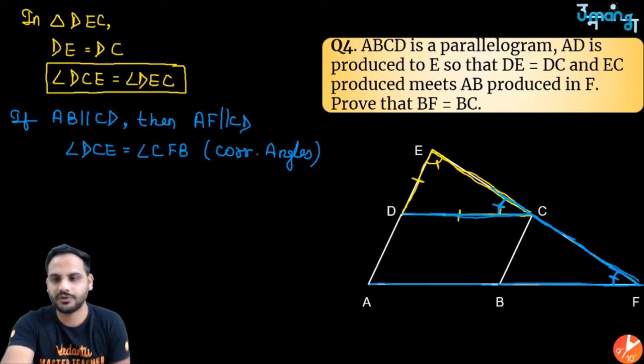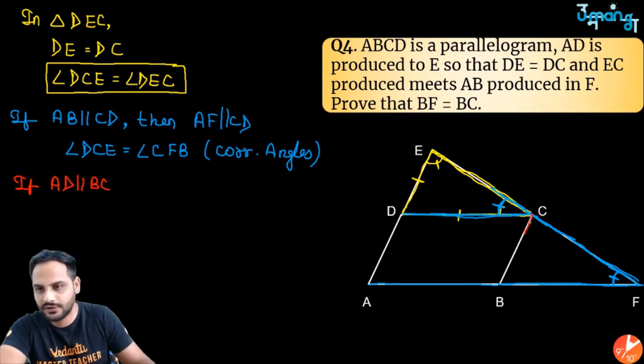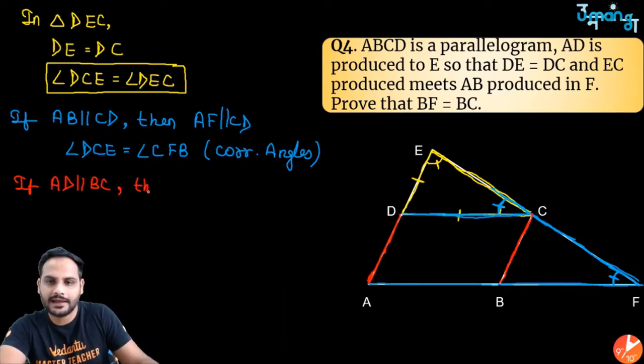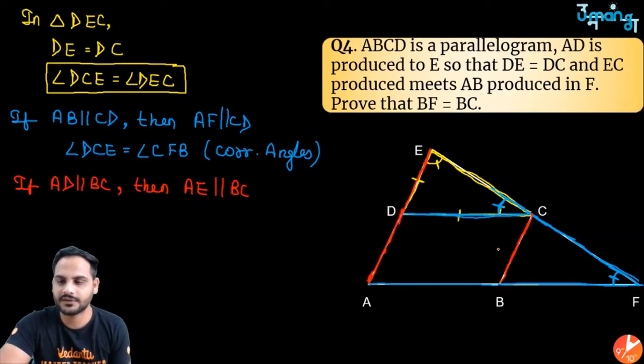नेक्स्ट पार्ट में जो फोकस करना है, अब देखो भाई, आई नो दैट इफ AD इज पैरलल टू BC, दिस BC and AD, if they are parallel to each other, then I can clearly say कि AD extended, that is AE, will also be parallel to BC. Both the red lines are parallel to each other.